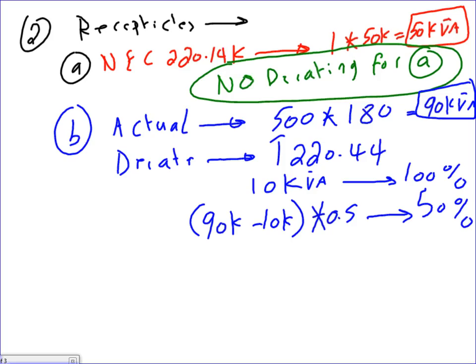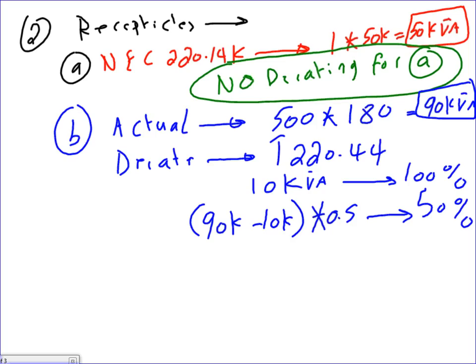Anything larger than, can everybody read this one, guys? Because that's confusion number one. A lot of people ask what you are writing here. This 90 minus 10 is the part larger than 10K. You cut it by half. Where do you find this? Right from 220.44.